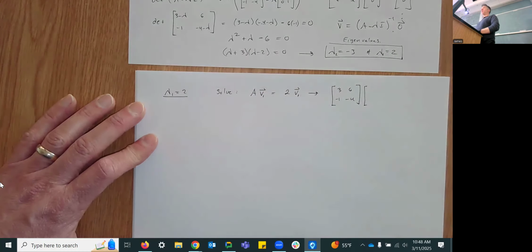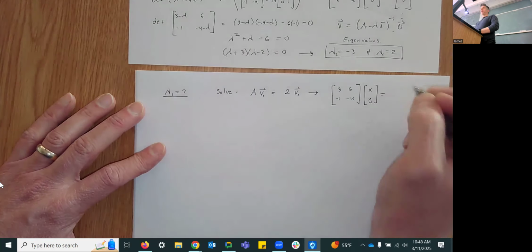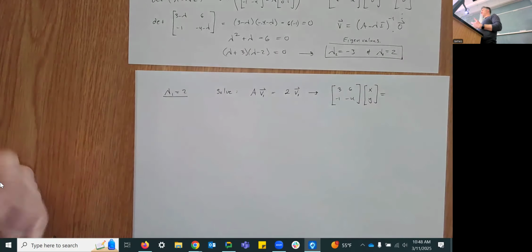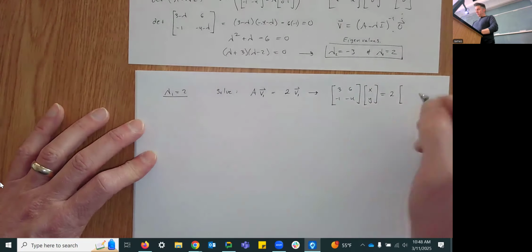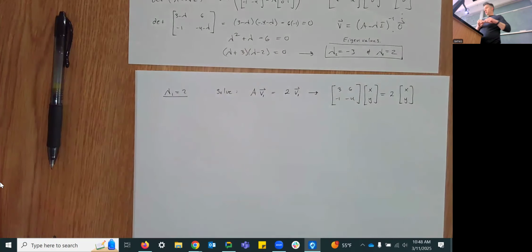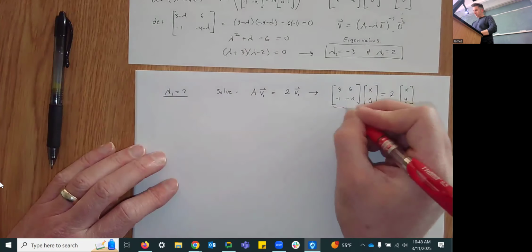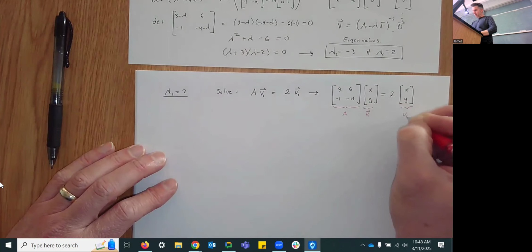I like to call it XY. Some people like to call it V1, V2. I like to call it XY because I feel like I'm already using V1 and V2. Equal to 2 times the same vector.